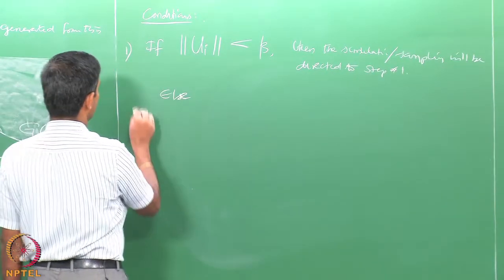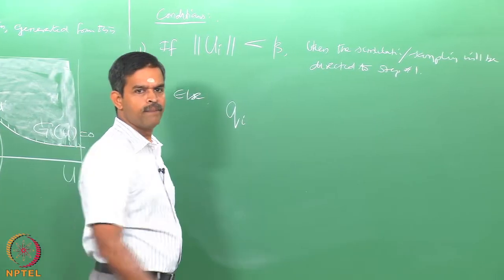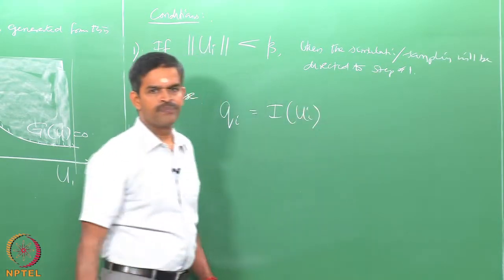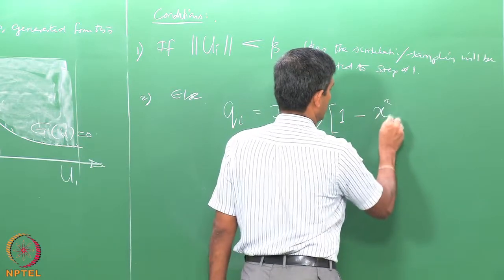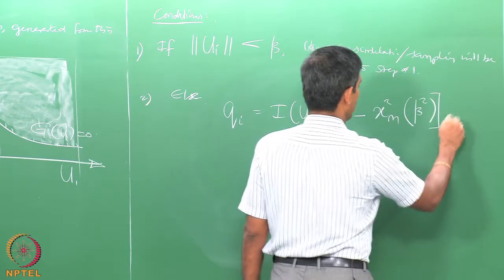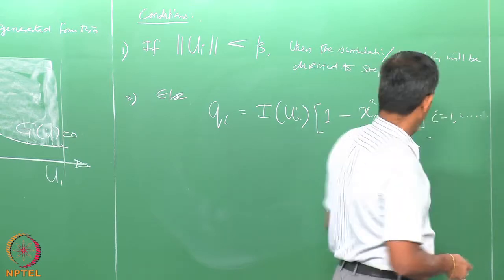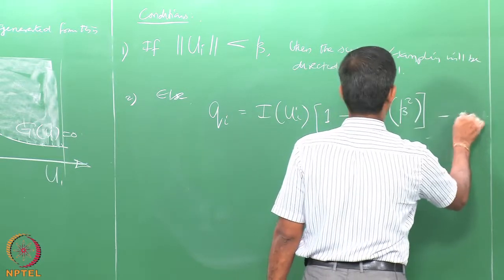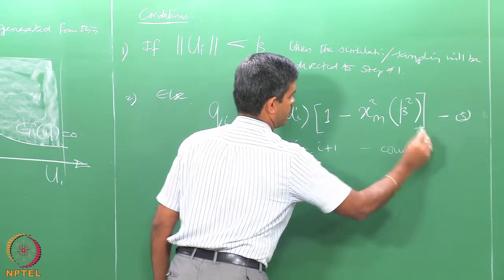Else, if this condition is not true, then Qi is given by the intensity estimator (1 minus x square m beta square) of the value where I is 1 till where I is a counter, equation number 5, where I is I plus 1, nothing but the counter for the simulation.